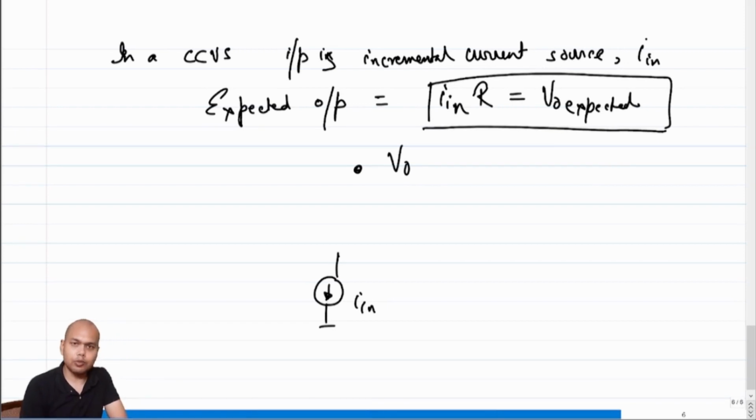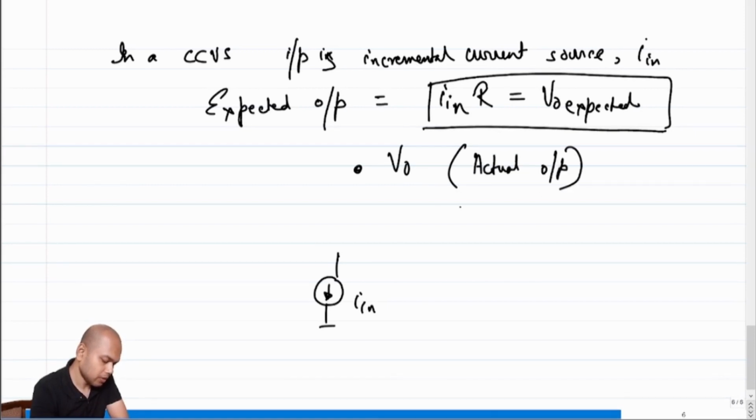What is the real output? The real output is obviously the output node that you are observing, right? So V out is the actual output. So you have to find a difference between the real output and the expected output. How do you find a difference?